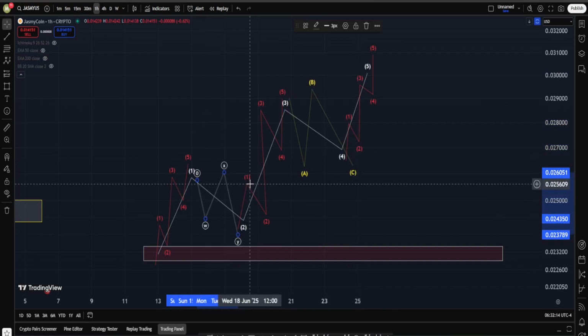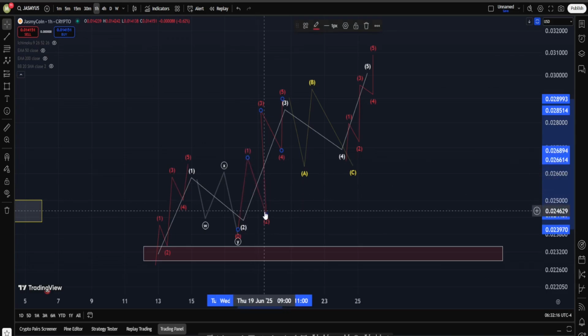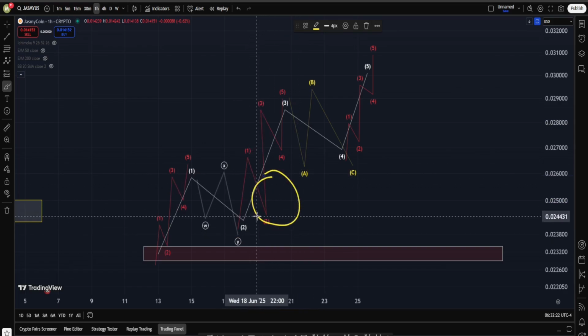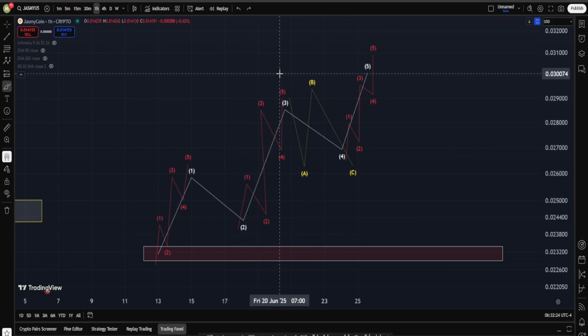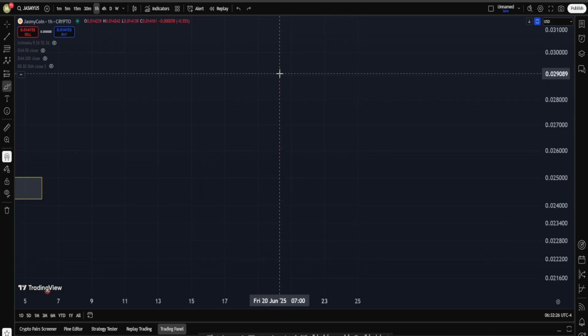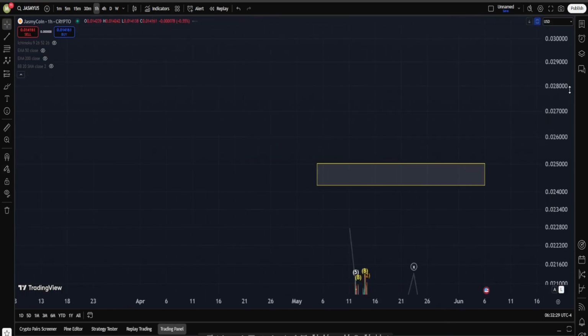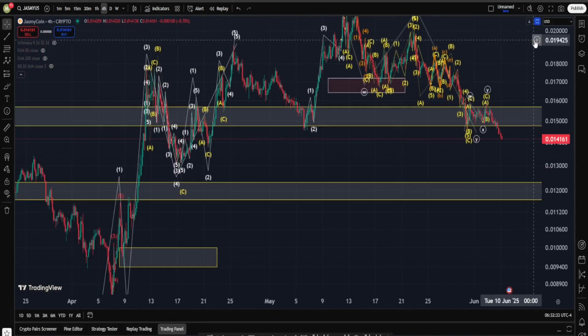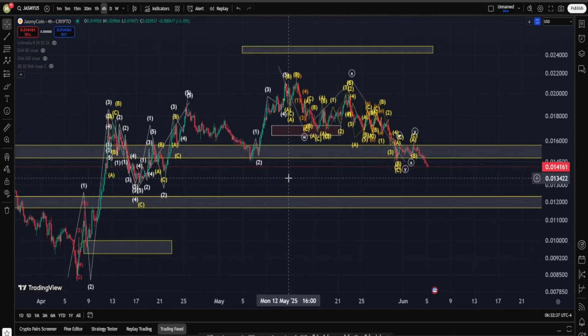And previously in Jasmy, the idea was that if we are bullish, maybe we are at the end of the sub wave 2, which means we're going to have a massive move on the upside soon. Now, why is this important? I'm going to tell you why in a minute. Let's zoom out a bit more, and maybe it's best to go on the H4 time frame. Okay, so what's happening in this area?